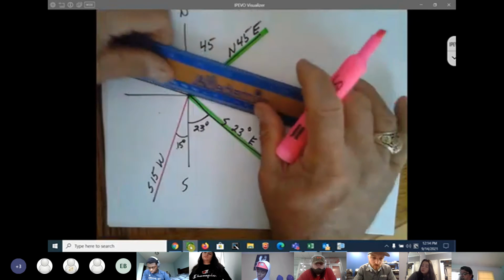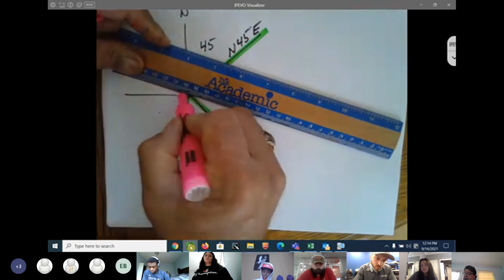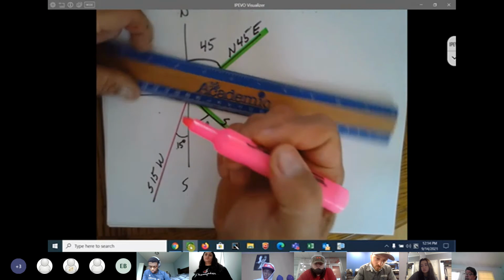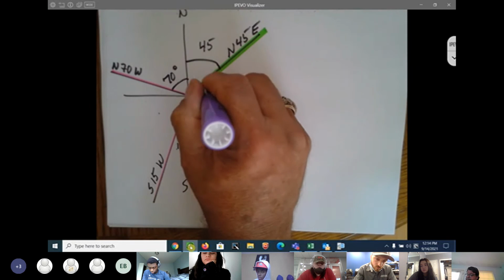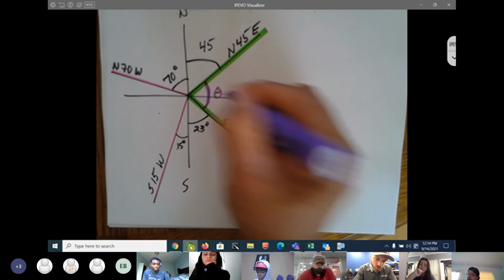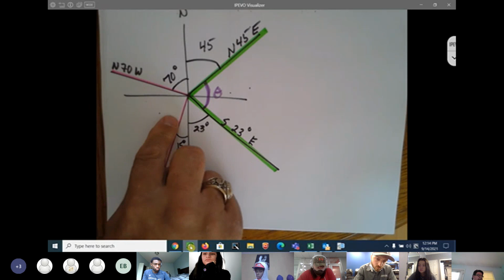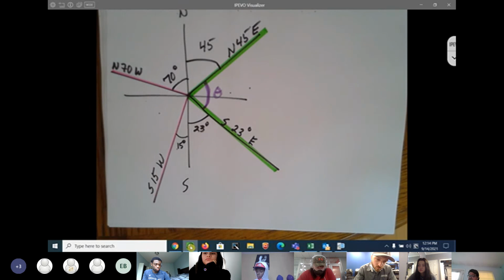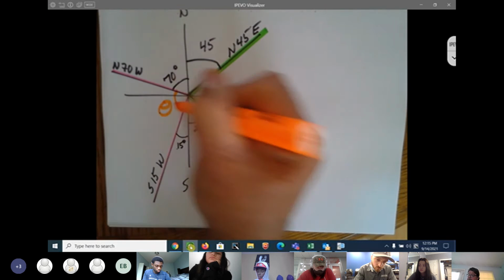Now, why am I showing you these bearings? Because between the green lines, what is this called? It's called an angle. And between the pink lines is called what? An angle.